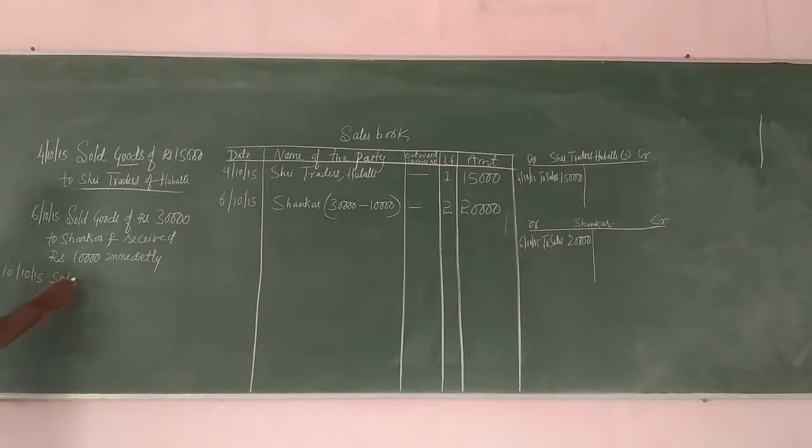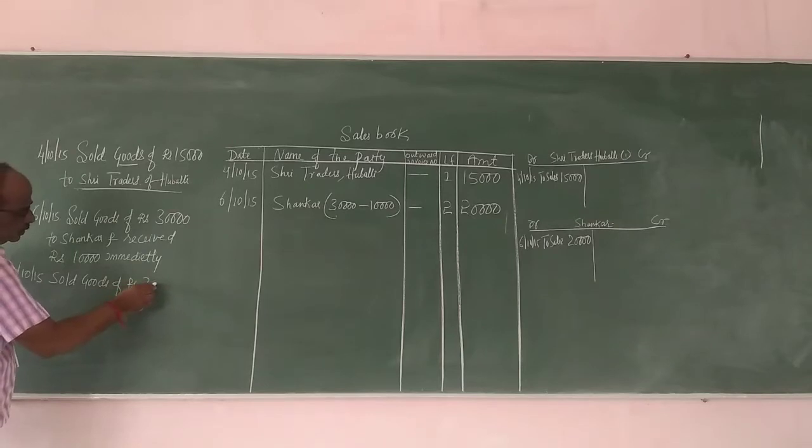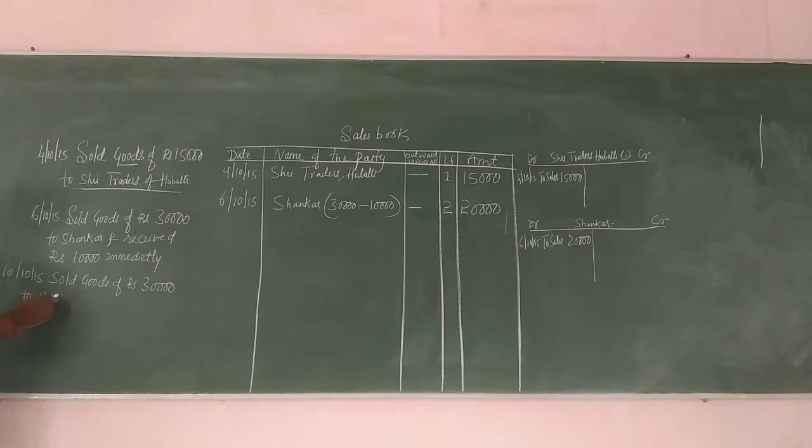Sold goods of rupees 30,000 to Vinay of Raichur at a discount of 10%.